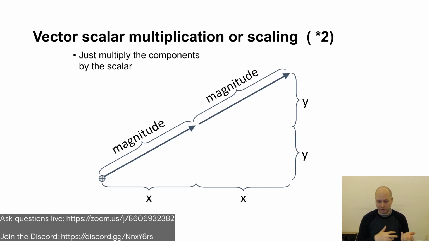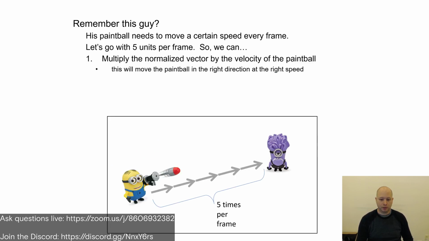If you're going in the negative direction, it's almost like going like this and then going like that, and you're down here now. So it's very similar to multiplying a normal number at that point. And if you remember this guy shooting a paintball, we would have to send that paintball at 5 times the normalized vector if it was only at a speed of 1.